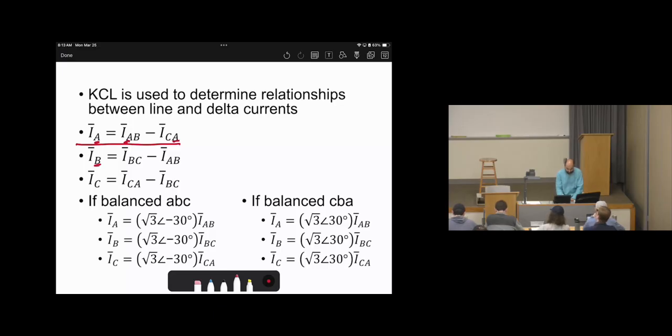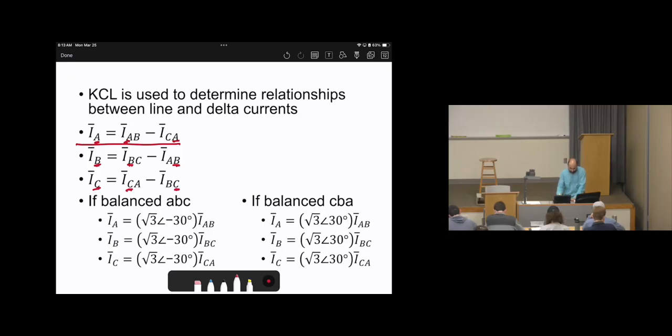IBC, B here, so IB equals IBC minus IAB. Then IC equals ICA minus IBC. So you can memorize it easily. Basically, IA equals the first one that starts with letter A, IAB, then minus the second one that ends with letter A, ICA, and so on for IB and IC.